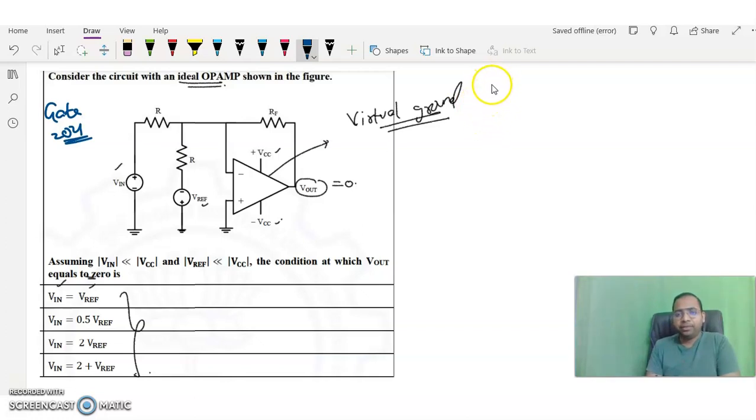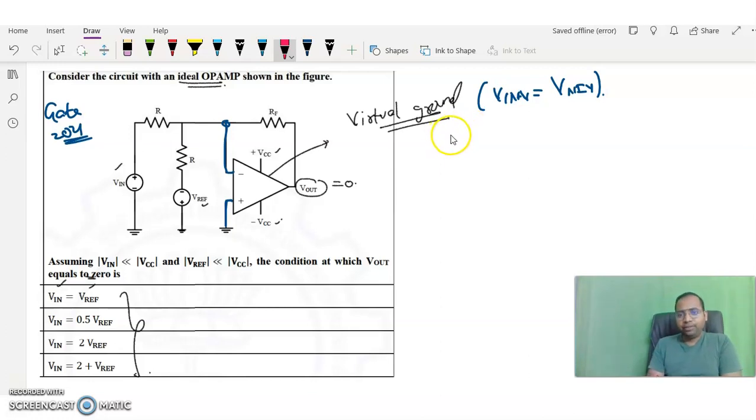Virtual ground concept means whatever the inverting terminal voltage is, the same voltage will also be maintained at the non-inverting terminal. That means whatever the non-inverting terminal voltage is, the same voltage will be maintained at the inverting terminal also. Why is it happening like this? I will explain this point also.